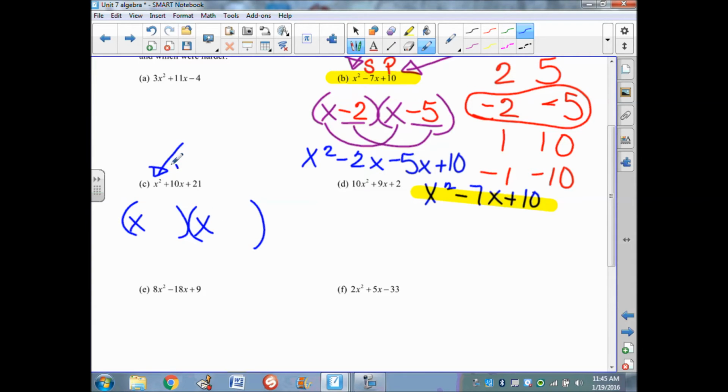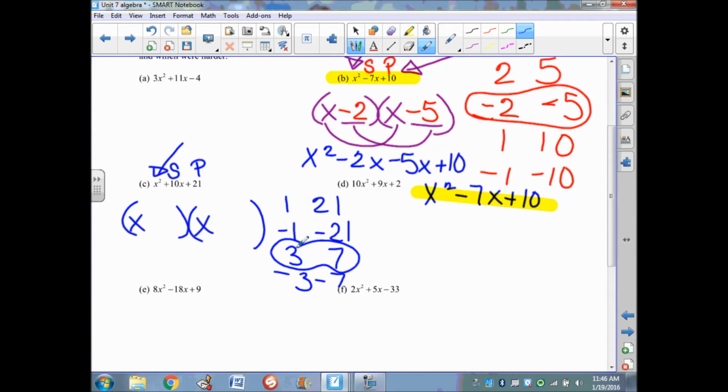Now I need to think of two numbers that are going to sum to 10, that middle term, but come from a product of a positive 21. So think of your factors of positive 21 and pick the set that sums to positive 10.